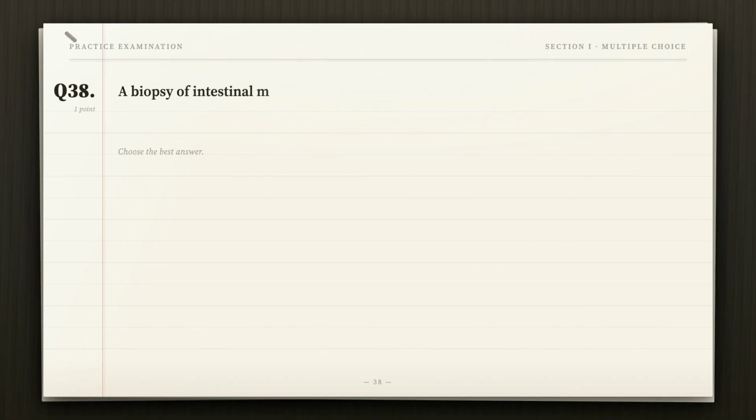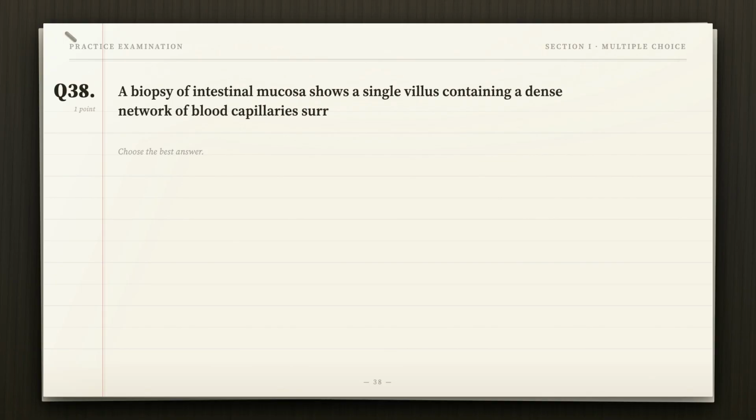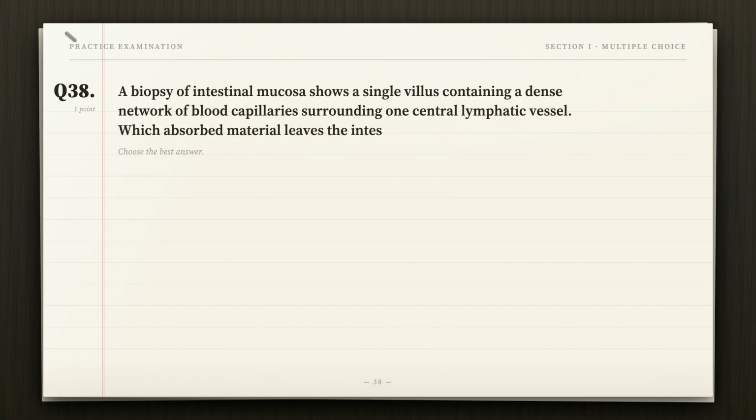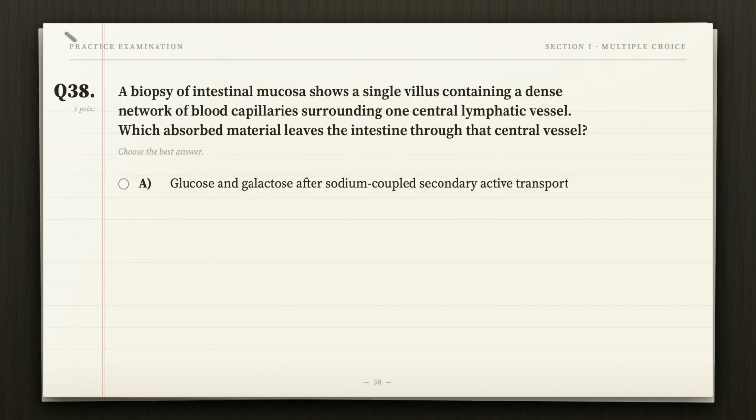Question 38. A biopsy of intestinal mucosa shows a single villus containing a dense network of blood capillaries surrounding one central lymphatic vessel. Which absorbed material leaves the intestine through that central vessel? Your options are A. Glucose and galactose after sodium-coupled secondary active transport.